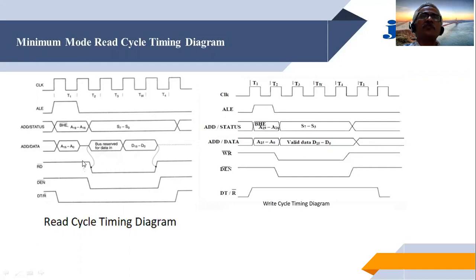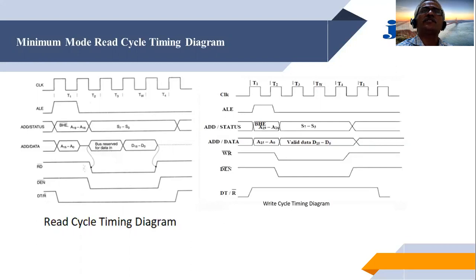During the same T2 state, the read bar goes low, so the read bar signal is activated. The data enable is low, DT/R bar is low, indicating a receive operation. So the data from the IO devices will then be put onto the 16-bit data lines, that is D0 to D15.